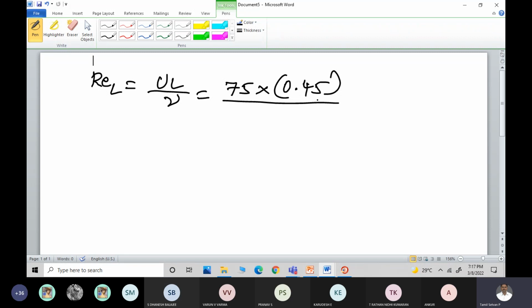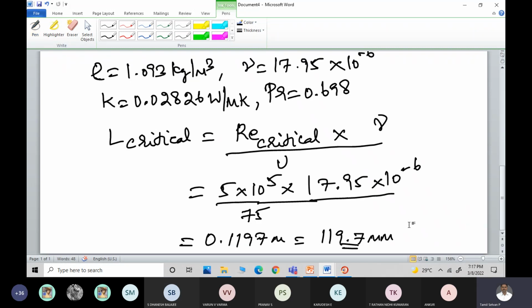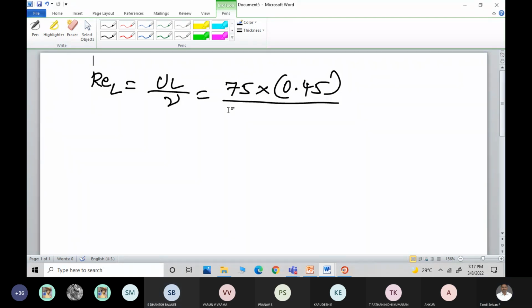And what is the nu value? Please tell me faster. 17.95 into 10 power minus 6. Okay. So how much is the Reynolds number up to the total length of 450 mm?